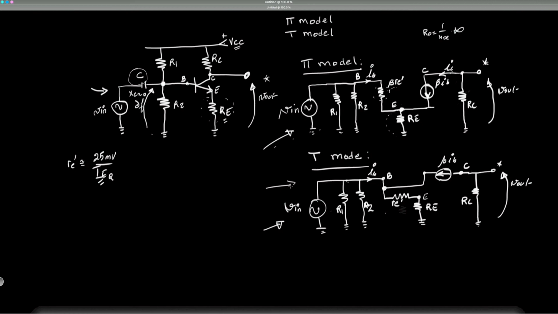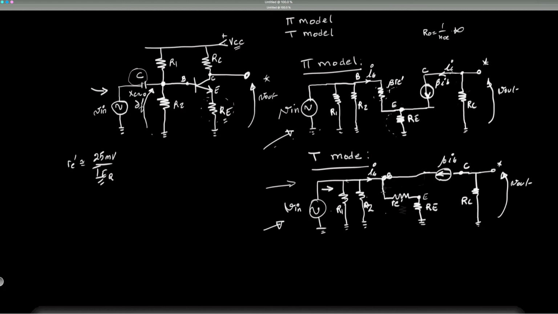However, this one has an advantage where we can right away calculate Rin, or the input impedance of this circuit as seen from here.